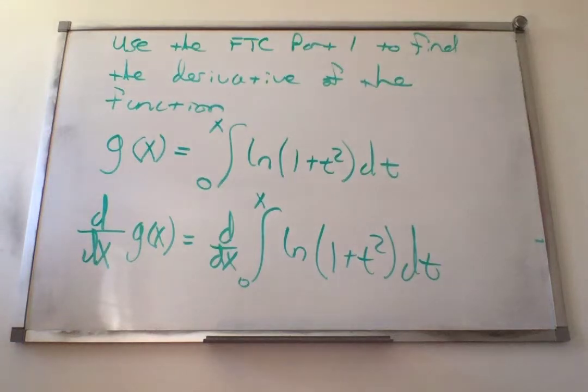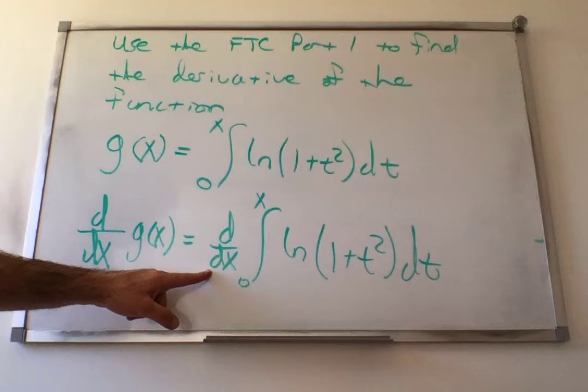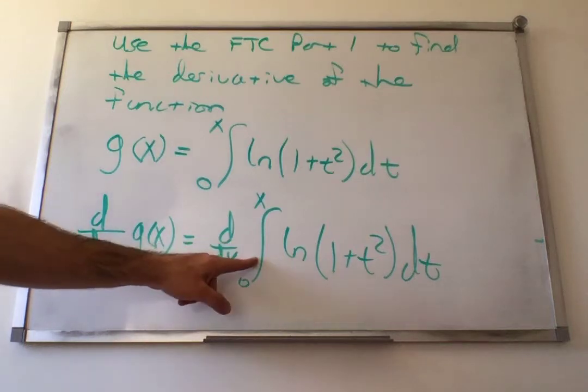The integral is going to undo a derivative, a derivative is going to undo an integral, okay? Now, we're taking the derivative with respect to x, okay? The derivative and the integral are going to cancel out.